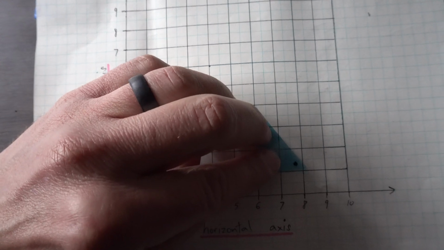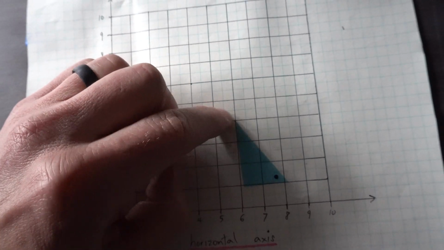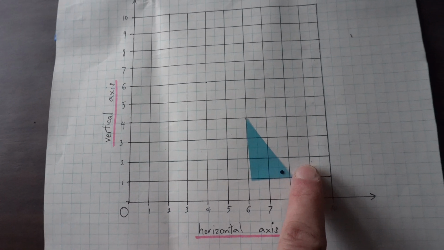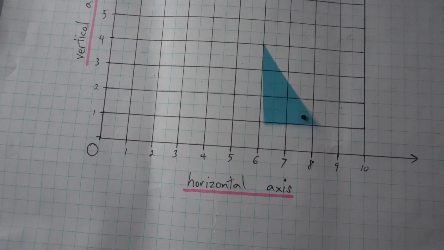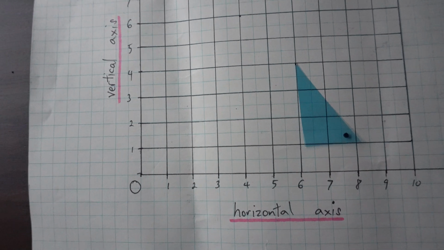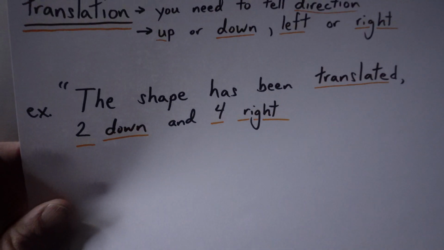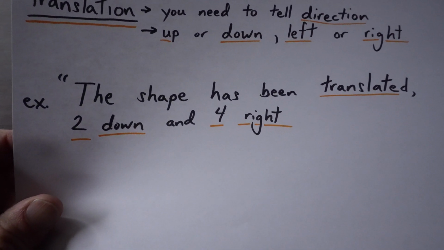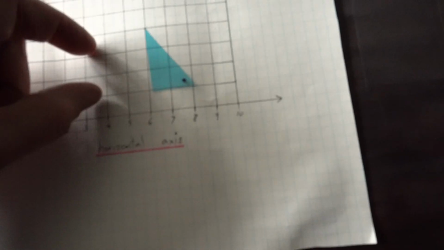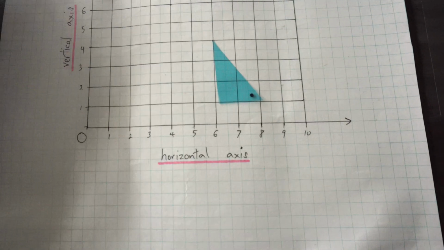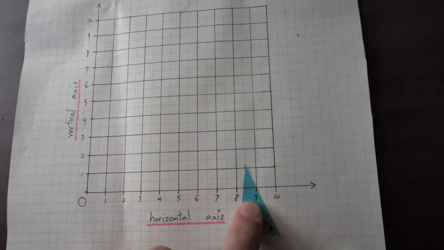So in your book, if it asked you to say, hey, the original was here, now it's here, can you describe that? You would say, of course I can. This shape has been translated 2 down and 4 right. You've moved 2 units down and 4 units right. Okay, sounds not too bad.